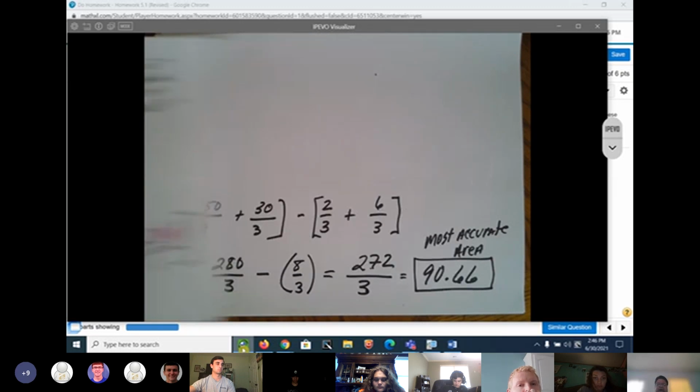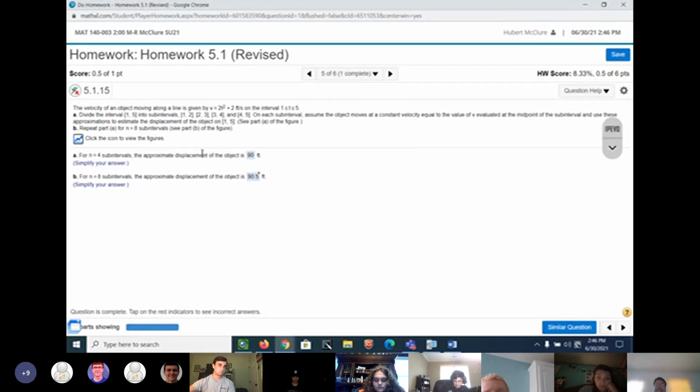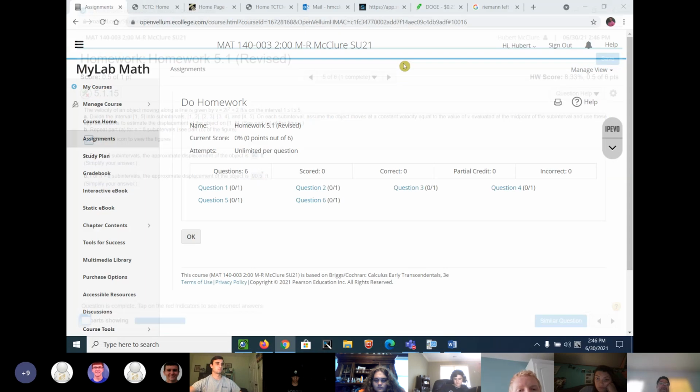All right, let's move to 5.2, where I'm showing you the difference between the two sections. 5.2 is pretty much just counting boxes. Now, 5.2.